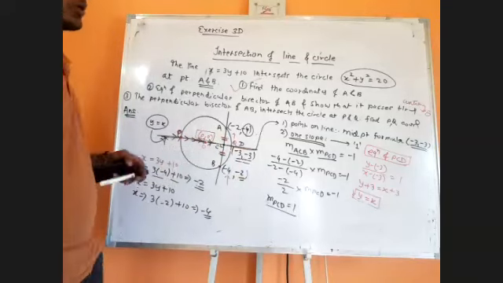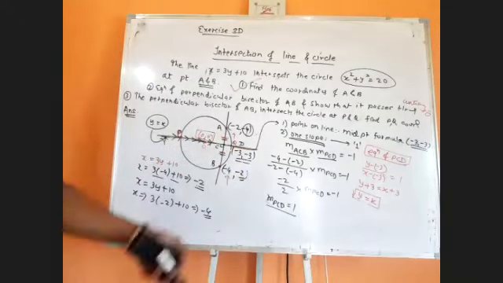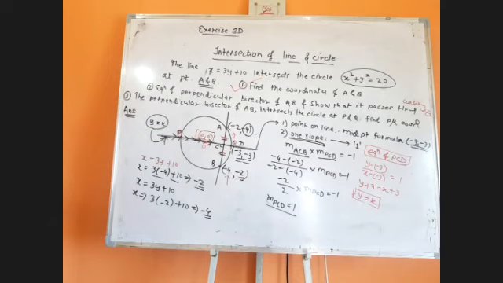You will get P and Q coordinates. We'll do that in the next part. Just copy the second portion, then we'll do the third one.